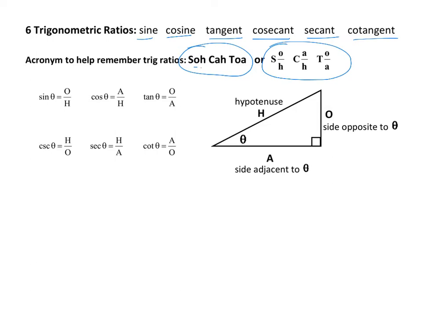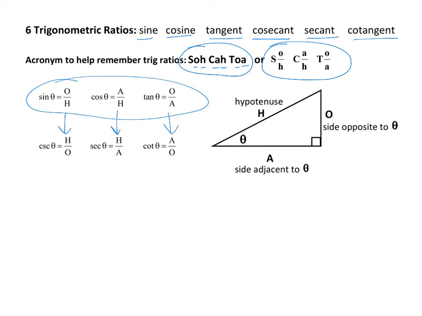Sine is opposite over hypotenuse, cosine is adjacent over hypotenuse, tangent is opposite over adjacent. That covers these three here. Then the others are just the reciprocals. Just flipping it over, I have hypotenuse over opposite, hypotenuse over adjacent, and adjacent over opposite.